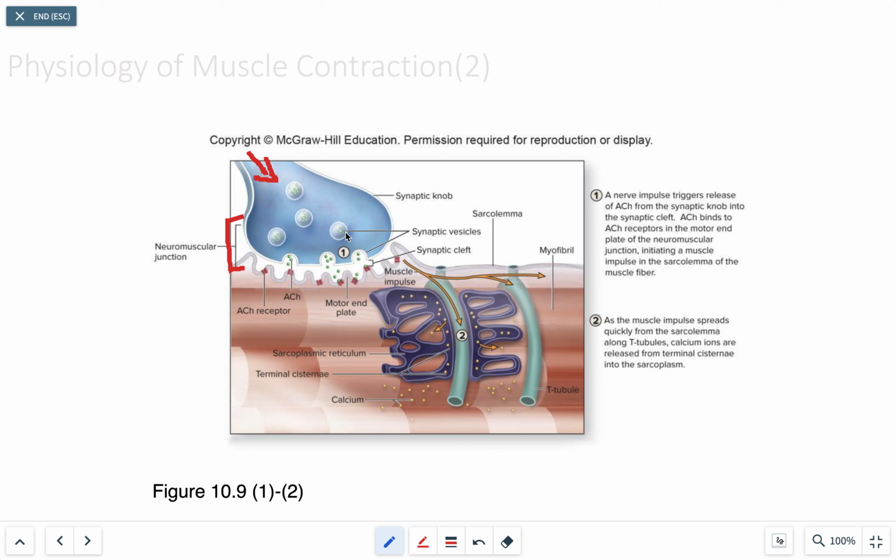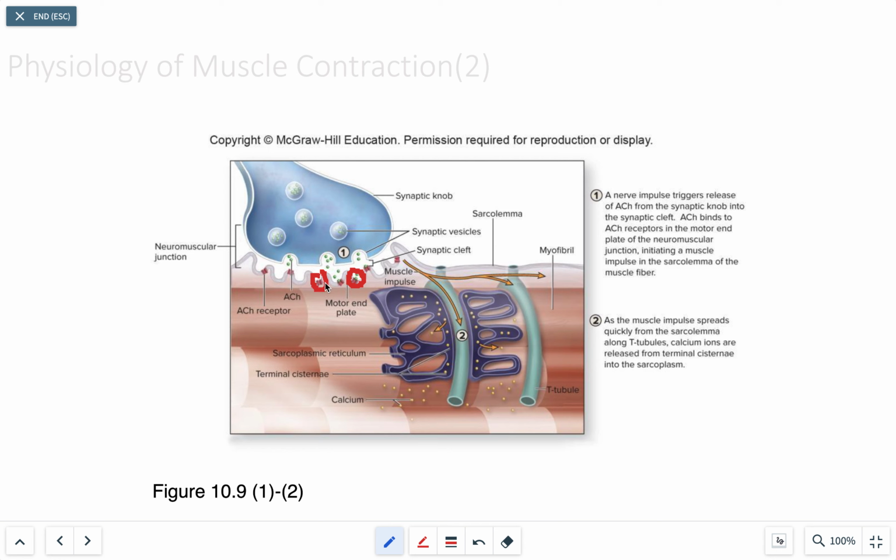And the first step after the arrival of the action potential, the electrical stimulus will stimulate these synaptic vesicles to release acetylcholine through exocytosis into the region of the synaptic cleft. Once the acetylcholine is released into the synaptic cleft, the acetylcholine will bind at the motor end plate at the acetylcholine receptor sites.